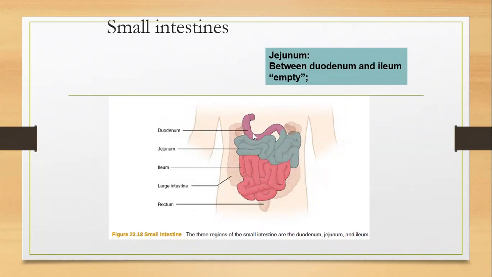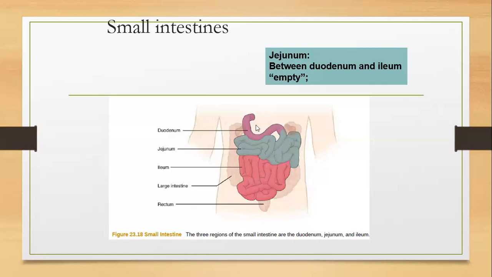The Brunner's glands are found within the submucosa of the duodenum. So it is only the jejunum whose submucosa appears empty. It's like it doesn't have anything because it loses the Brunner's glands and it has not yet started to give rise to the Peyer's patches. So that place is sort of empty.